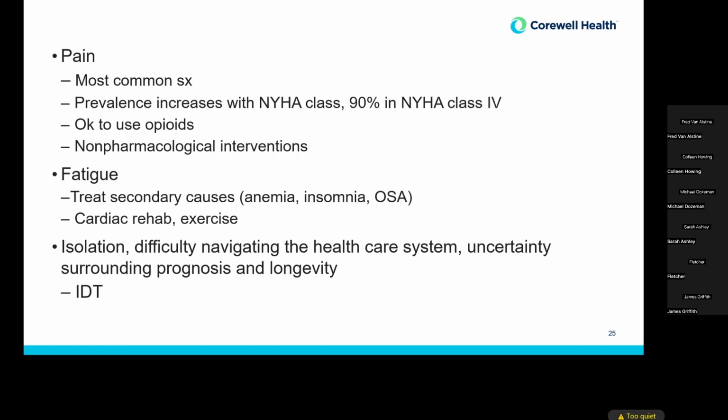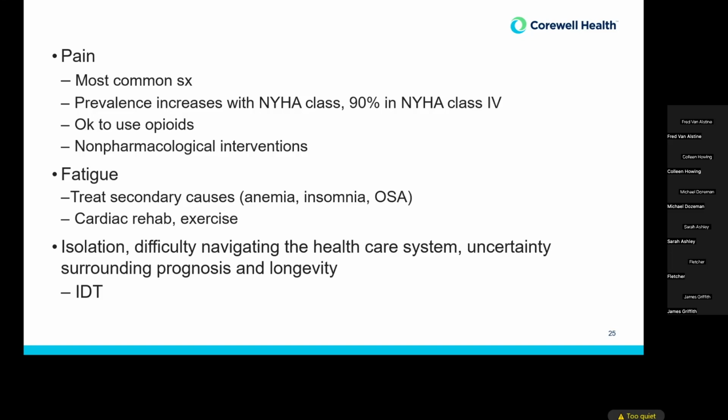Again, non-pharmacological interventions like cardiac rehab, depending upon their functional ability, and focusing on sleep, and even other non-pharmacological interventions can be just as helpful as opioids. So I tend to use them in parallel.